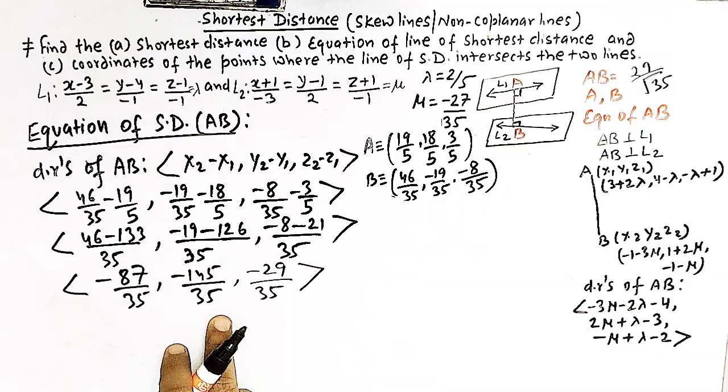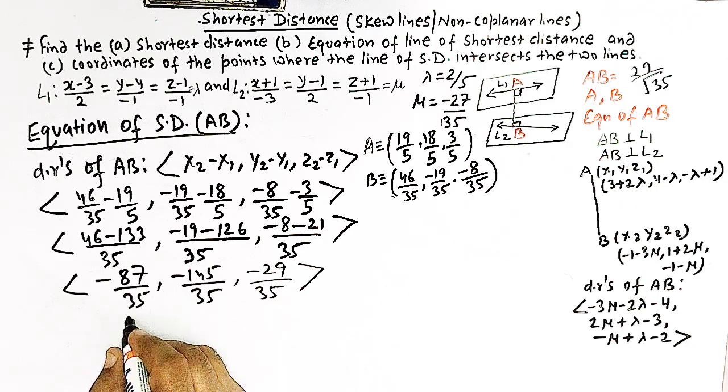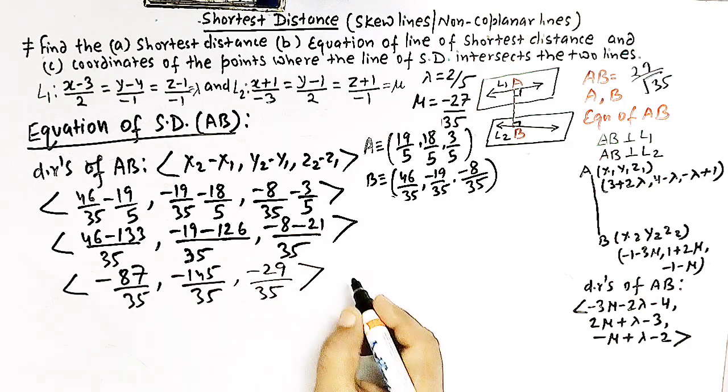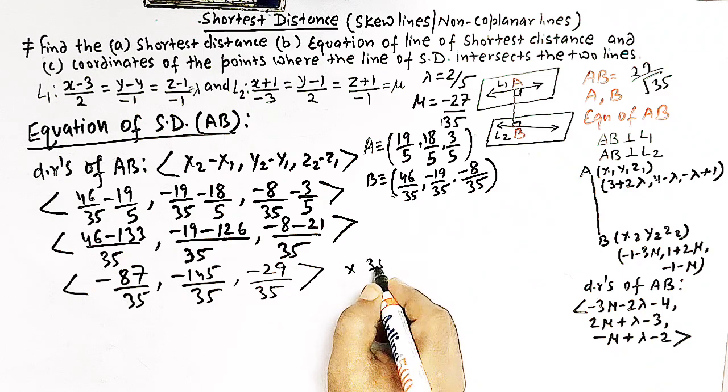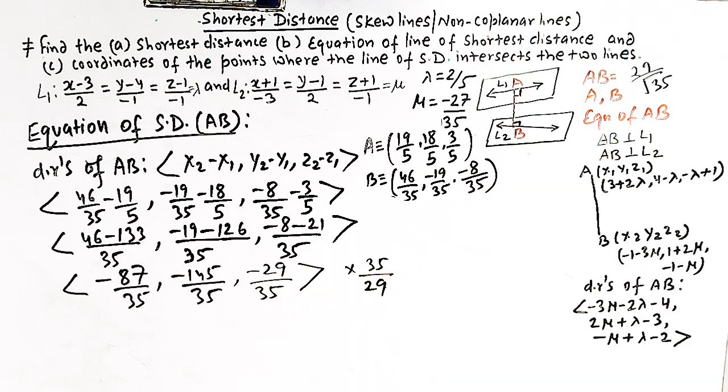So here we can see that we can express the direction ratios in the simplest form by multiplying these three numbers by 35 over 29, right? Because we know that if two lines or two vectors are parallel, then they have either equal direction ratios or proportional direction ratios, right?